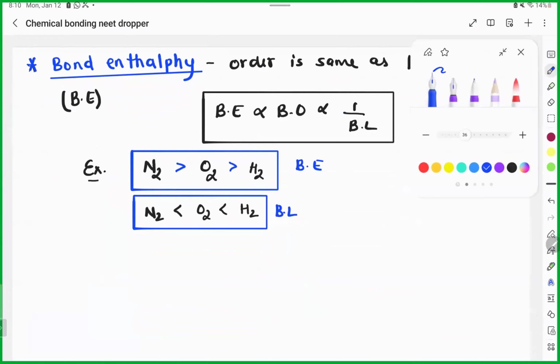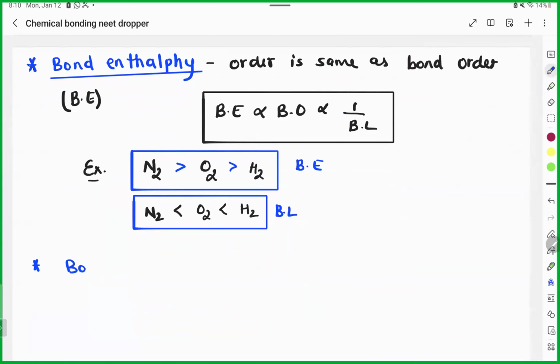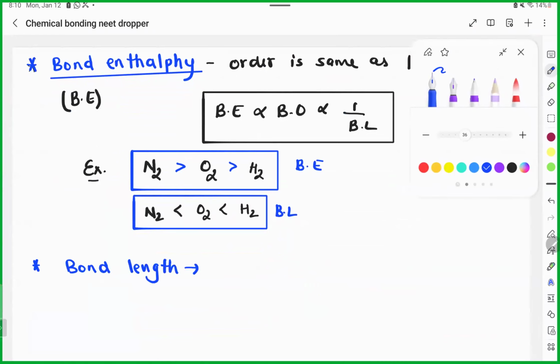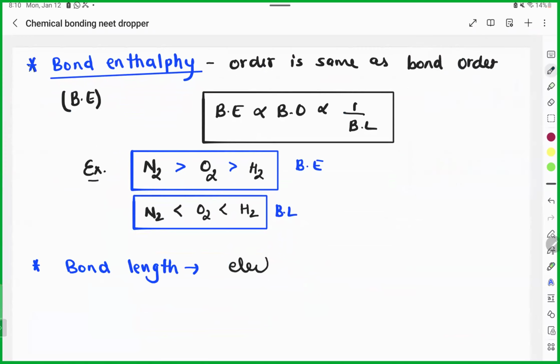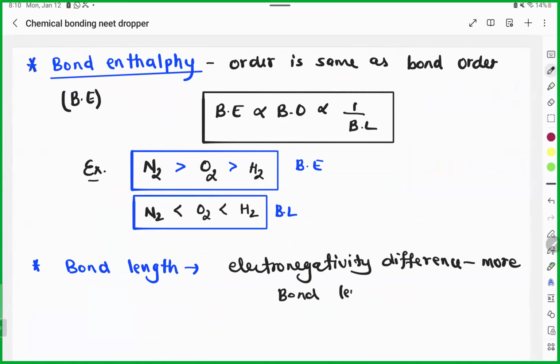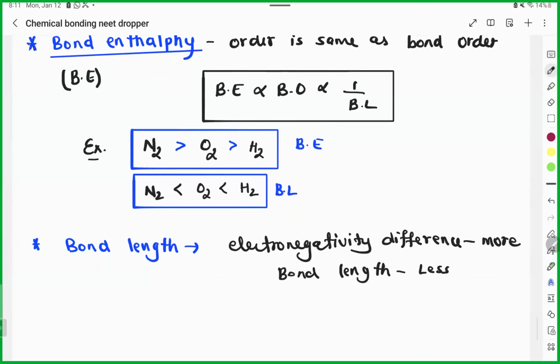we will discuss this question. Bond length. You will see, if electronegativity difference is more, then bond length will be less. Okay.